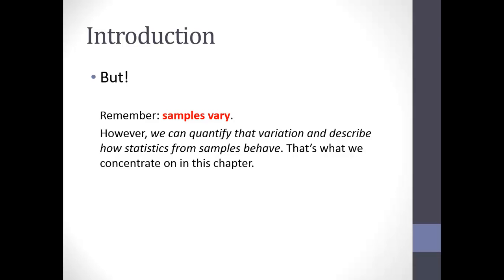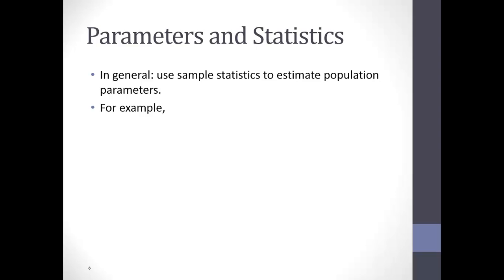So that's this idea that samples vary. And so what we're going to talk about in this chapter is quantifying the variation that we get in our samples and describing how the things that we can calculate from those samples behave. And in general, we're going to use sample statistics to estimate population parameters.